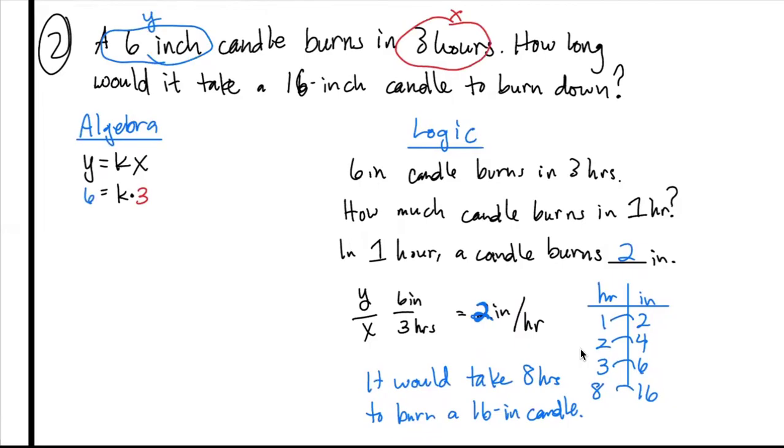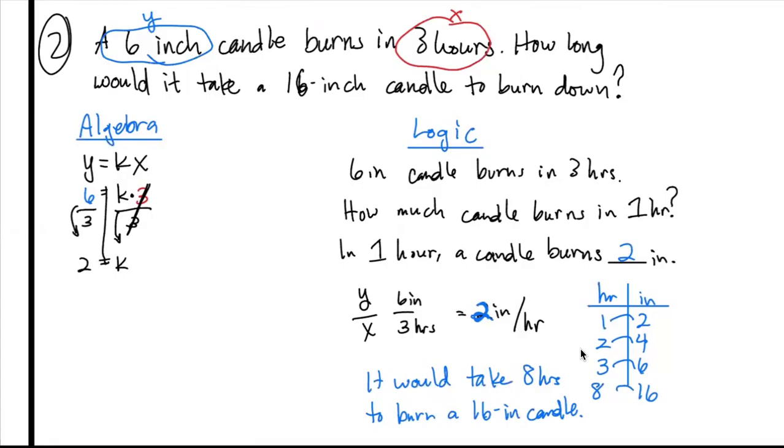So this is again a simple one-step equation. k times 3 equals 6. I'm going to divide both sides by 3, because remember, I want to get k by itself. So there we go, k is by itself. 6 divided by 3 is 2. That means my constant of proportionality is 2. It changes by 2 for every x that it increases.